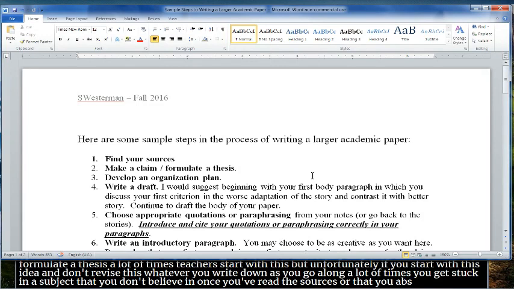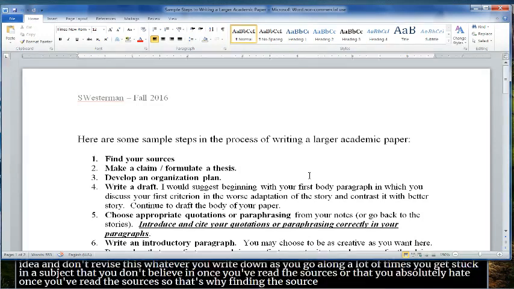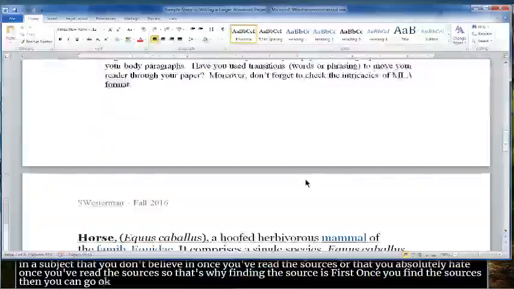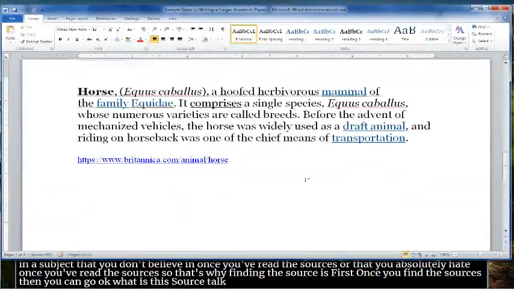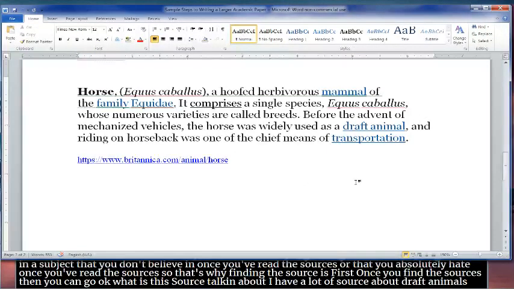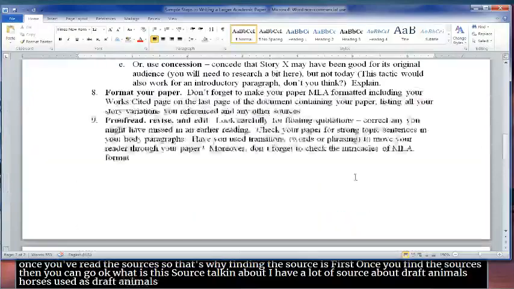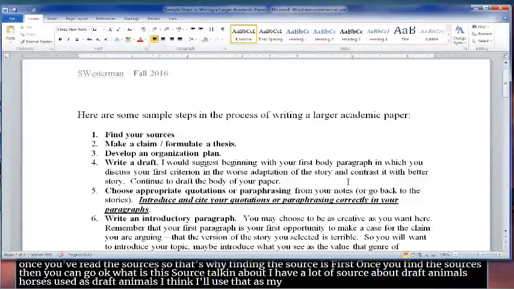So that's why finding the sources is first. Once you find the sources, then you can go, okay, what is this source talking about? I have a lot of sources about draft animals, horses used as draft animals. I think I'll use that as my thesis, talking about horses as draft animals.